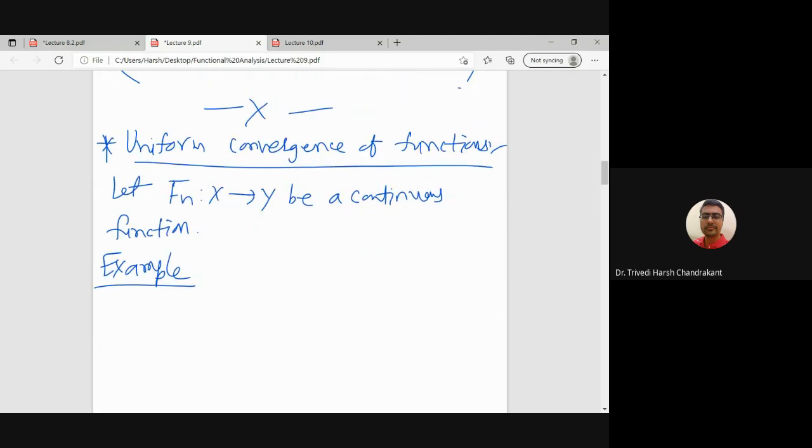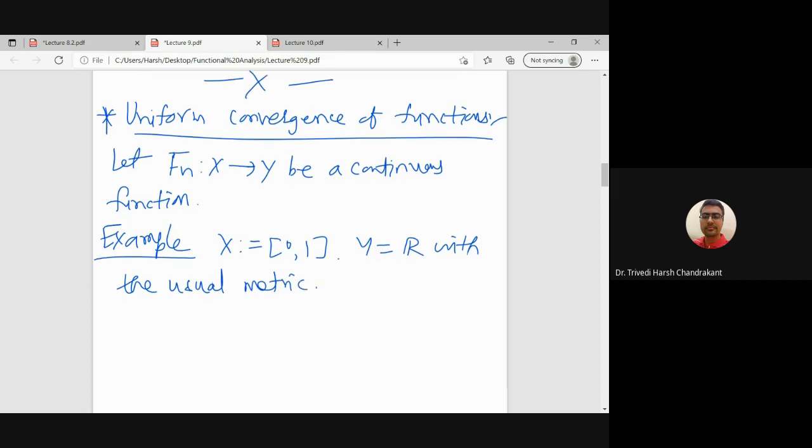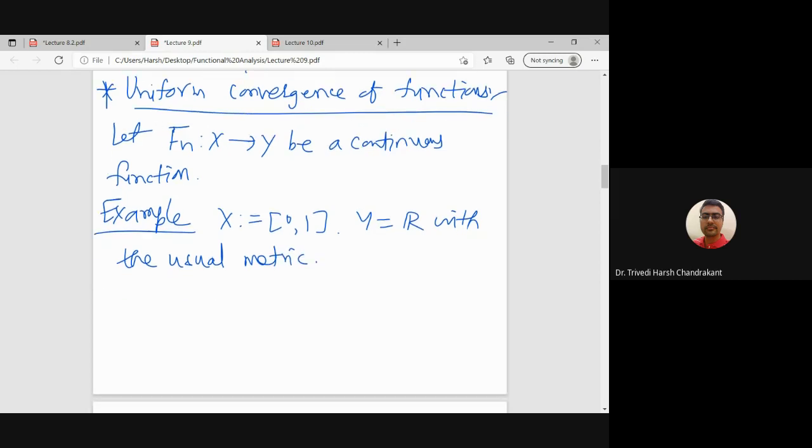If we consider X to be the closed interval [0, 1], and we take Y to be the real line with the usual metric, then for every natural number n we define these functions.